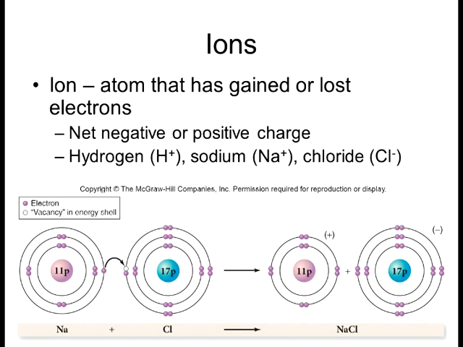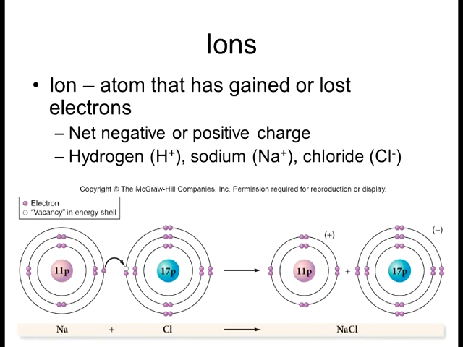When there is a disproportion in the number of protons to electrons, then, like basic math, if you have 11 and then negative 10, you end up having a net of 1. Or if you have something like 17 protons and you have more electrons, then you have a net of 1, but on the negative side. An ion is an atom that typically has lost or gained electrons to try to become stable.